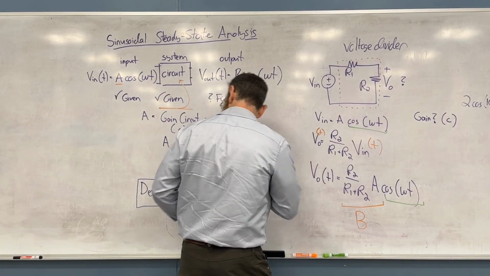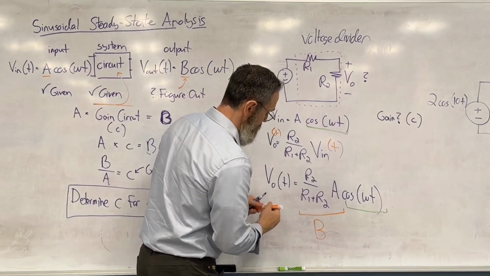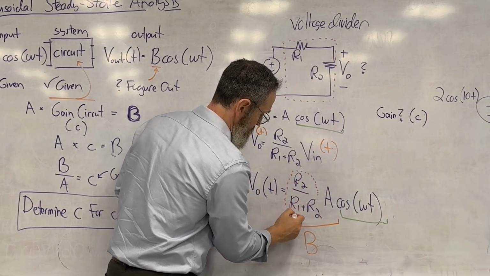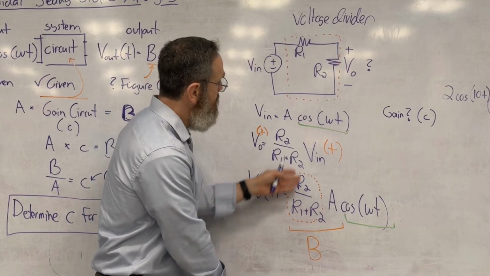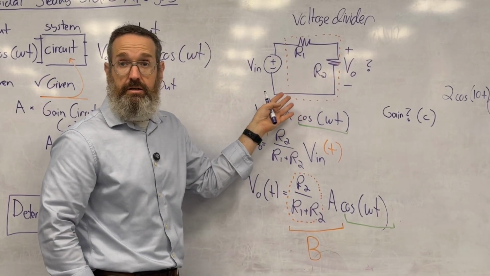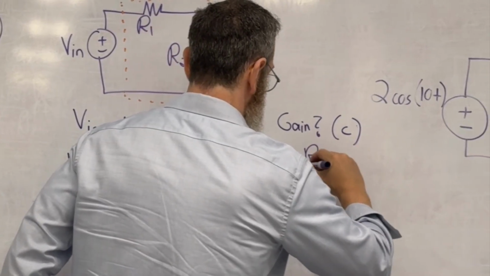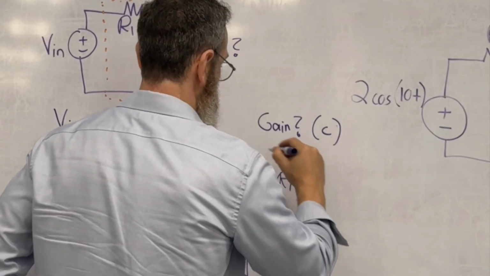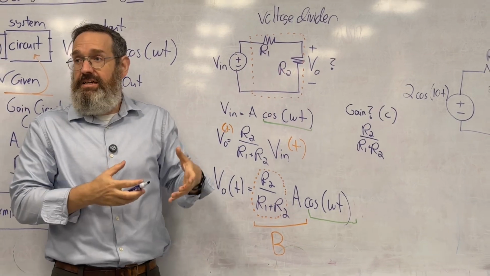And you can see that the gain is this. I'm doing that as a dash line because it's a function of the circuit. So the gain is R sub 2 over R sub 1 plus R sub 2. That's the gain of the circuit. It is the C.